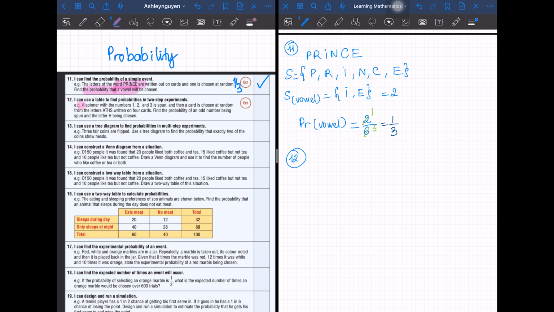A spinner with the numbers 1, 2, 3 is spun and a card, one of A, T, H, S, is chosen. Write the probability of an odd number being spun and the letter H being chosen. So we need to use a table here. It tells you about using the table. So I create a table first.